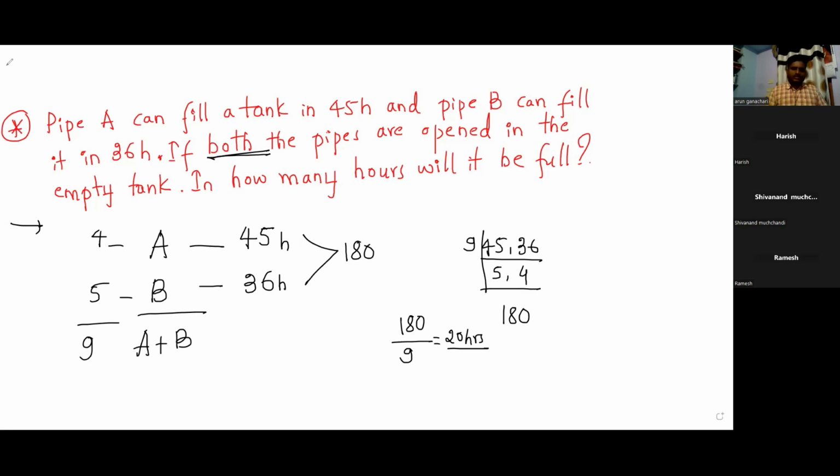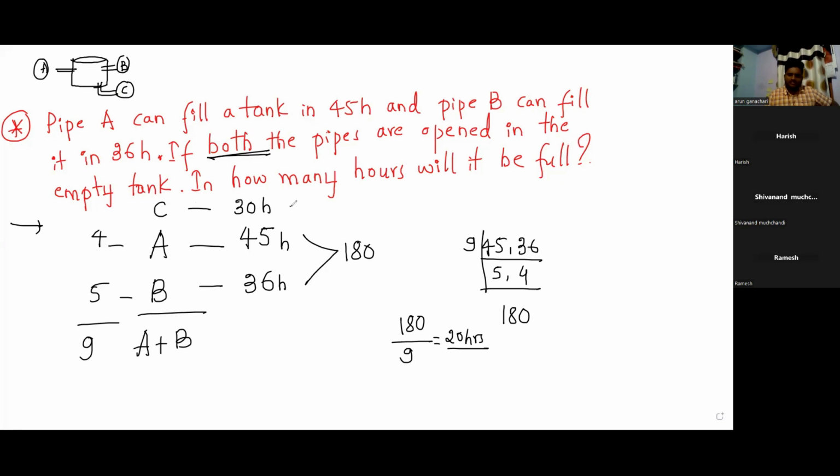If this is a tank, and here we had a pipe A, and here we had a pipe B, and there is an exit pipe. Let's call it pipe C. Remember, exit means water is going out, and this exit pipe C will empty the tank in 30 hours.